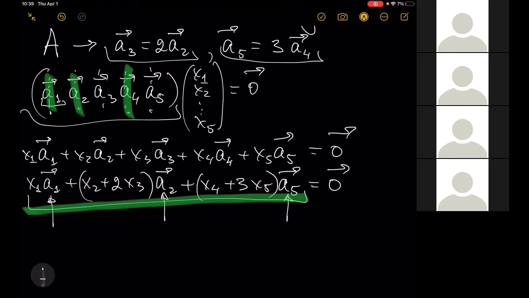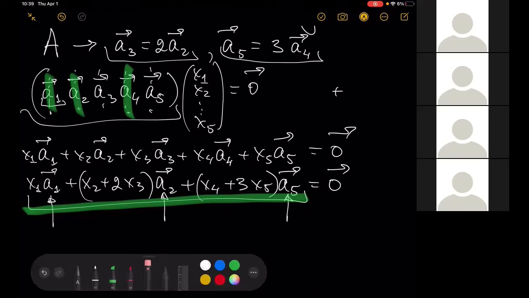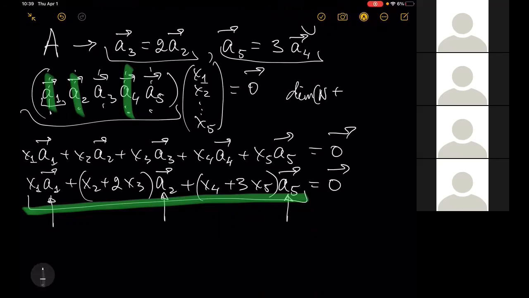And from here, you can see that the nullity plus the rank, the dimension of the null space plus the dimension of the range, equals the number of unknowns of the system, or you can say the number of columns of the coefficient matrix, which is the same, right?